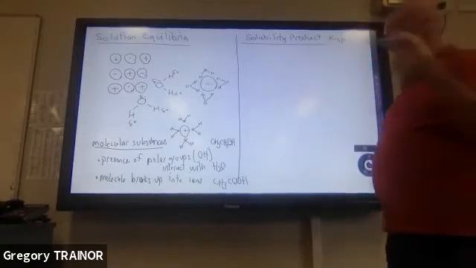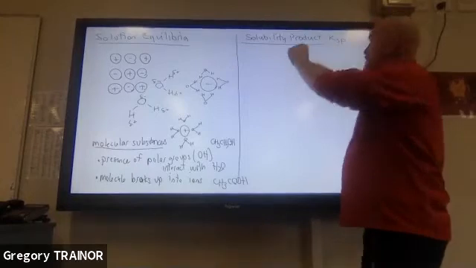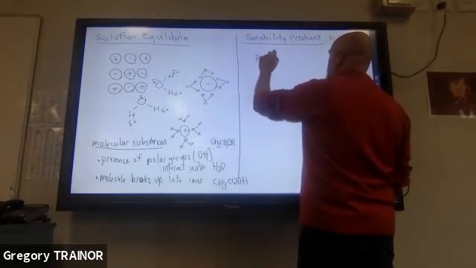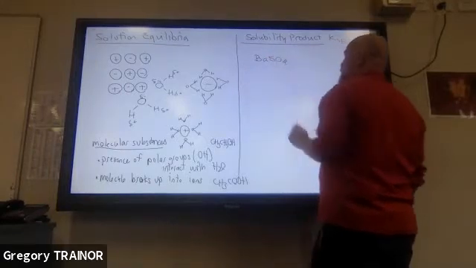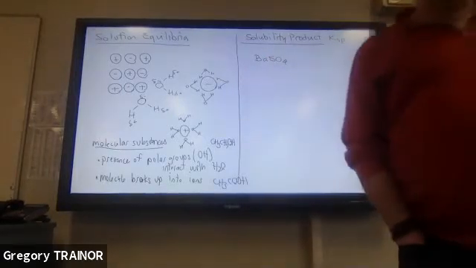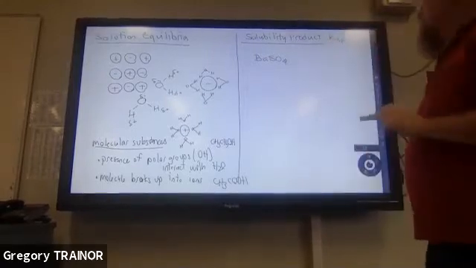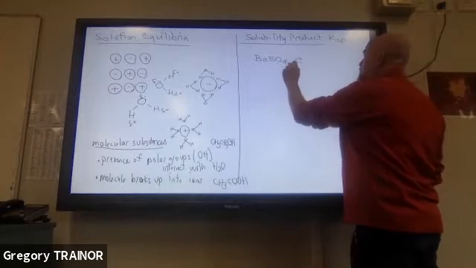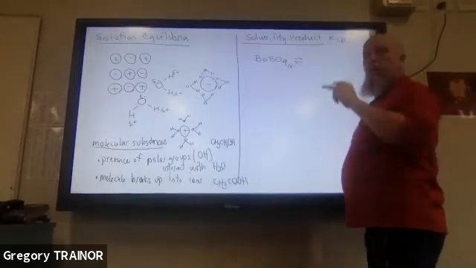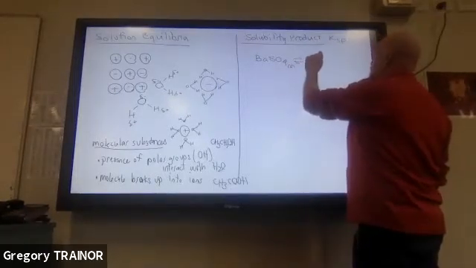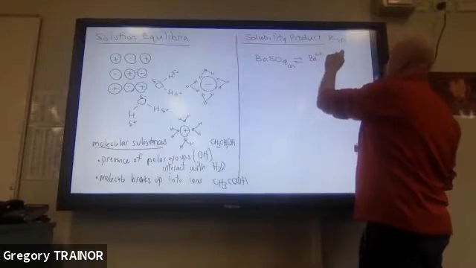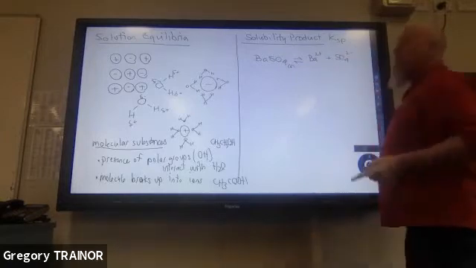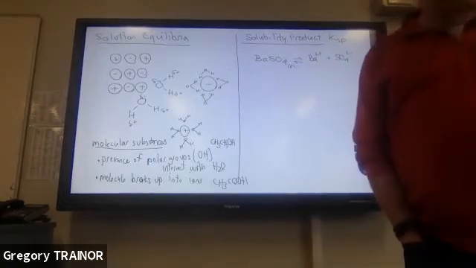So when an ionic substance dissolves, let's take, for example, barium sulfate. Now, you should know that barium sulfate is highly insoluble. So when we put it in water, the solid barium sulfate will dissolve to form barium ions plus sulfate ions.